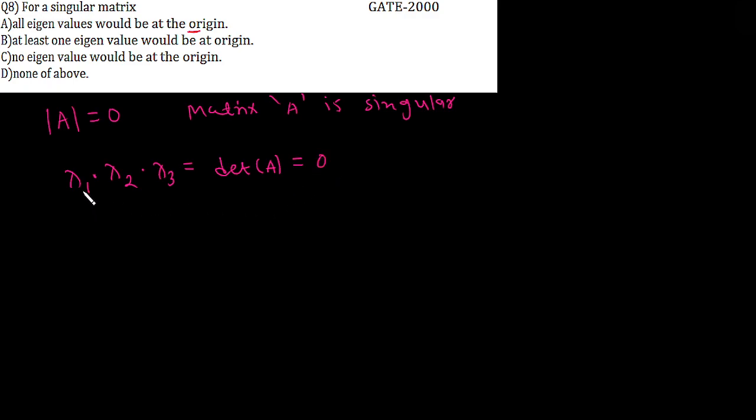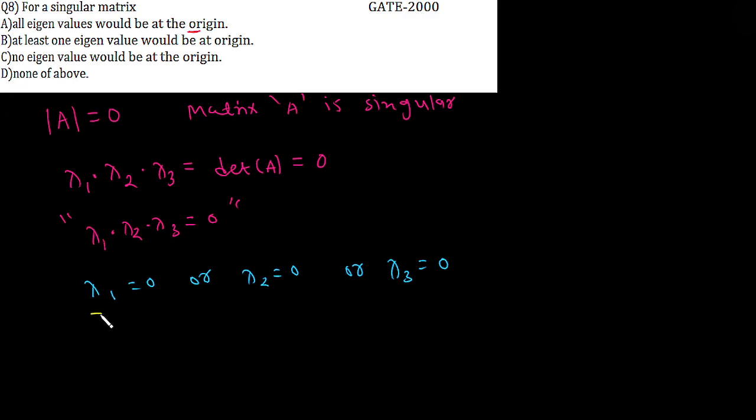So we get the equation lambda 1 times lambda 2 times lambda 3 equal to 0. If this is the condition, then either lambda 1 equals 0, or lambda 2 equals 0, or lambda 3 equals 0.